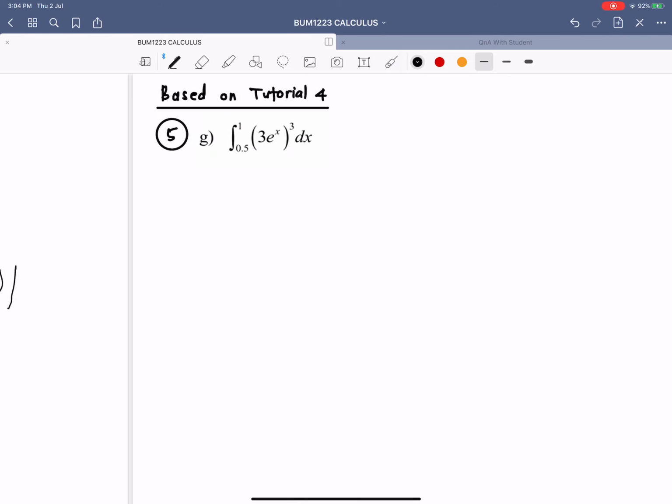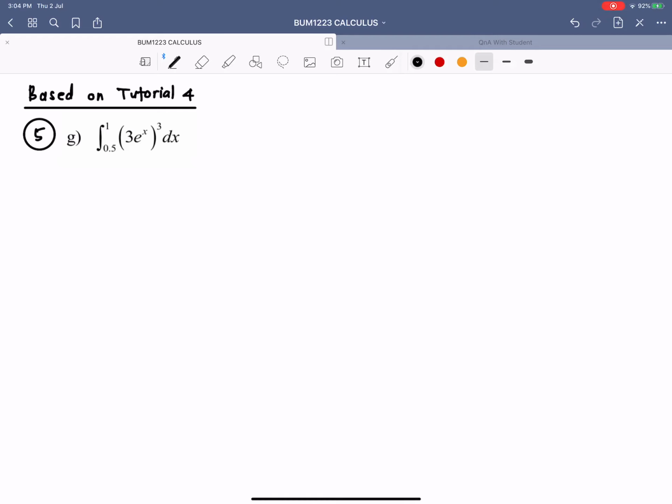Next example. This question is based on tutorial 4, question number 5G. In this question, the function involves exponential. This is equal to the integration from 0.5 to 1.